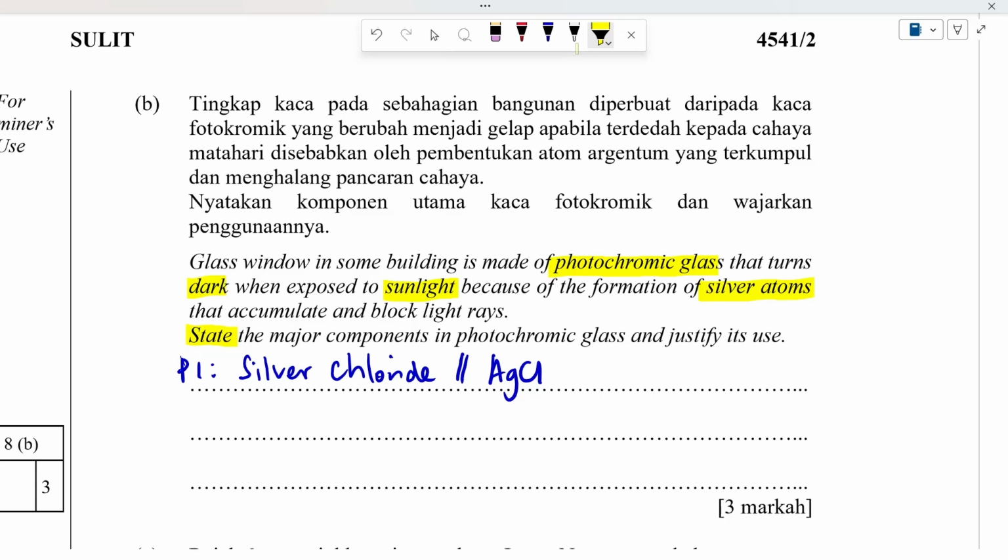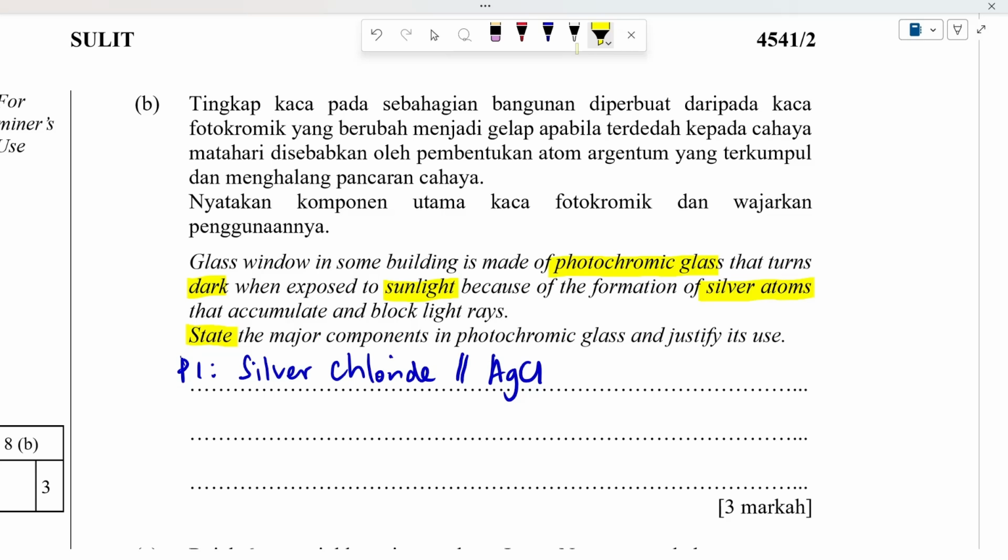Okay, now class, do you agree to use the photochromic glass in the building? Your answer can be yes or no, but you need to justify.